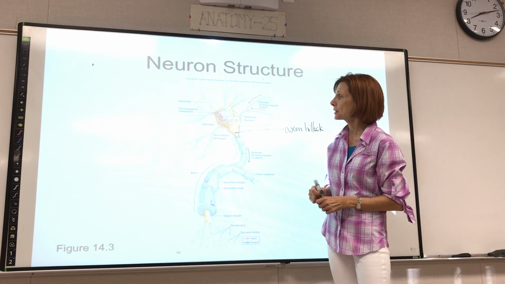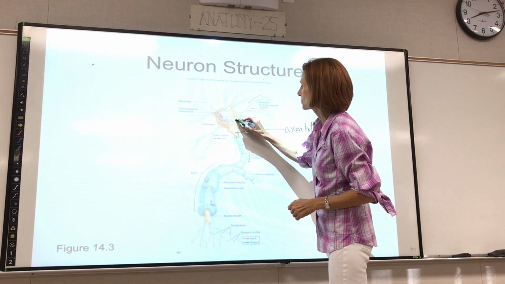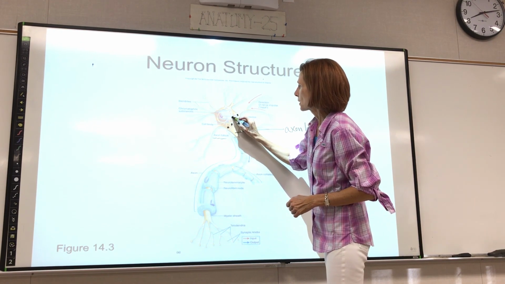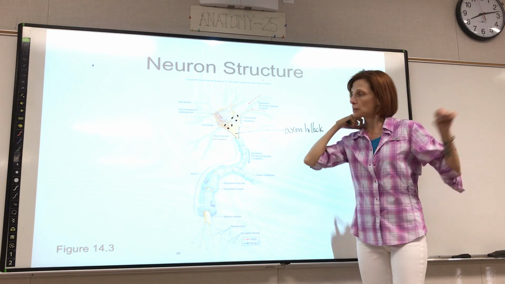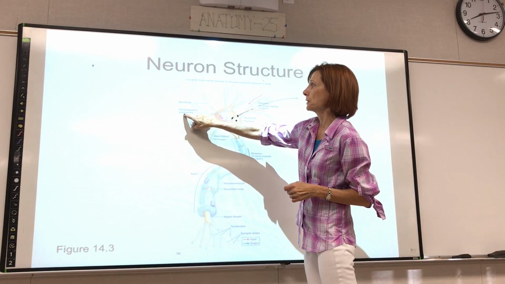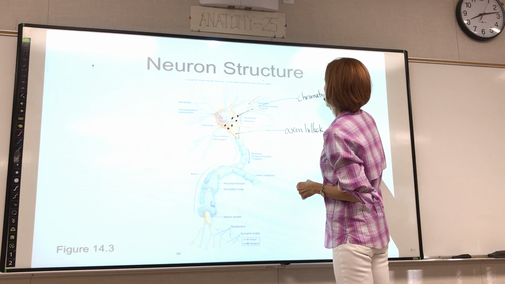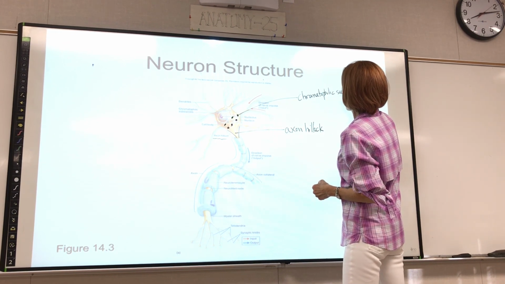Okay, so you can see here in the cell body, notice there's a bunch of these little splotchy structures that look dark. You can actually see these if you look at the neurons in the microscopes. These are called either chromatophilic substance. Chromatophilic means color-loving, because these will pick up stain, and so they stain dark.